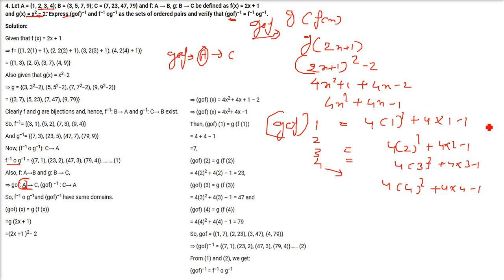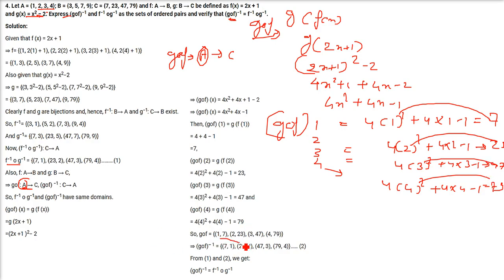So this is 4 plus 4 minus 1, 8 minus 1 is 7. Then we have 23, then 47, and then the final value, which is 79. So 1, 7, 2, 23, 3, 47, 4, 79.